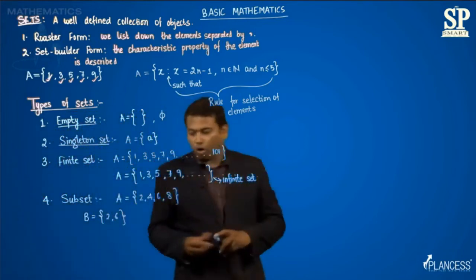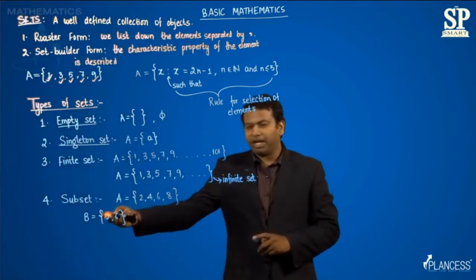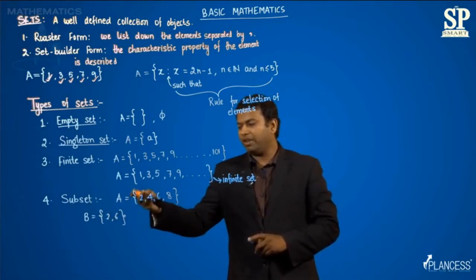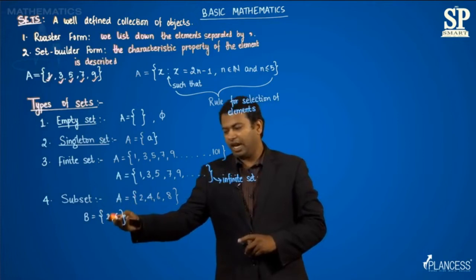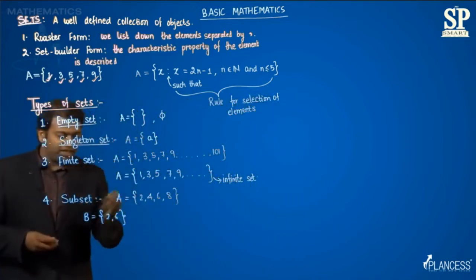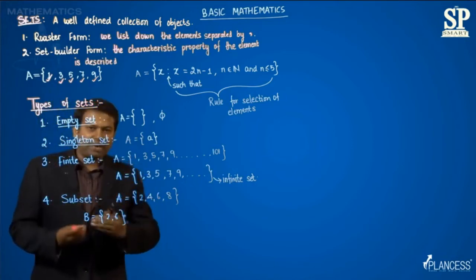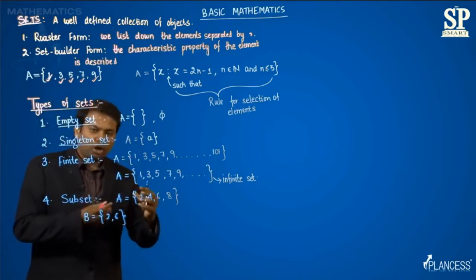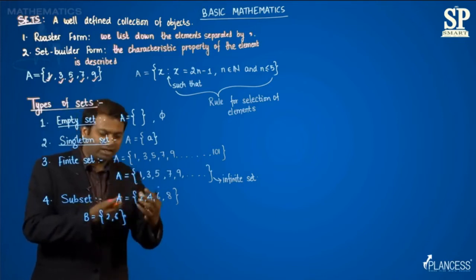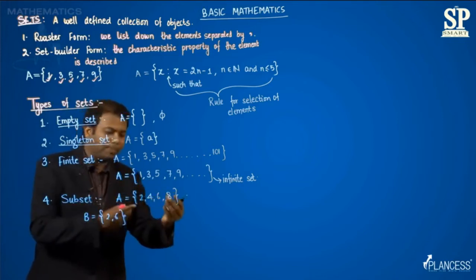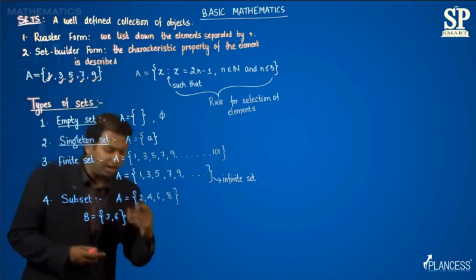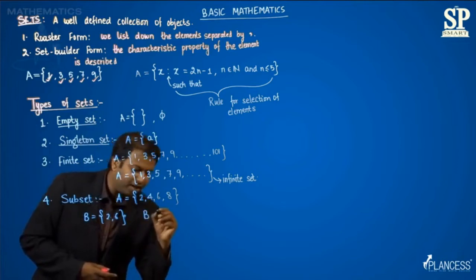Now, all the elements of set B are present in the set A. If you look at 2, it is present in set A, and if you look at 6, it is also there in the set A. So in this case, we say that B is a subset or a part of the set. Sub is basically a part, that is how the name comes. So it is a part of the set A, and hence we call B as a subset of A, and it is represented as B ⊂ A.